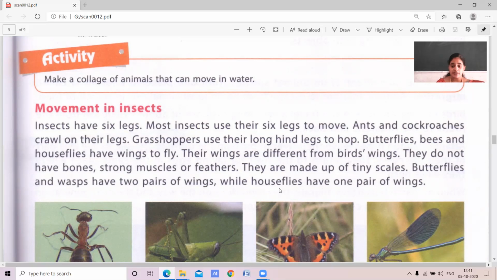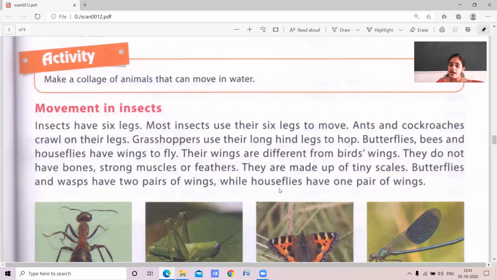So these butterflies, bees, and houseflies fly, but they don't have wings like the birds. They don't have strong bones, muscles, and feathers. Their wings are made up of tiny scales.